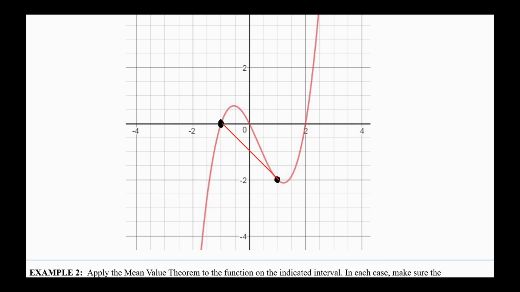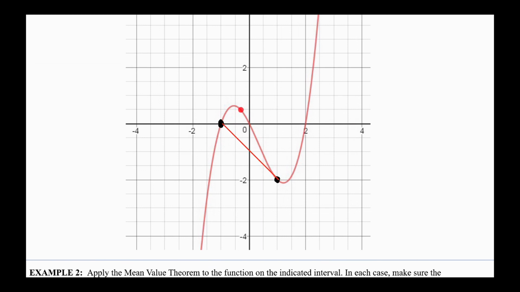So for example, we did this problem here. Overall, the average rate of change is from here to here. I think it was -1. You went down 1 unit or down 2 units over 2 units. So it was -1, right? What the mean value theorem says is, as long as this guy is differentiable, has a derivative in between, and it is continuous in between, there's going to be at least one point in between the black dots at which the derivative is the same as this here.